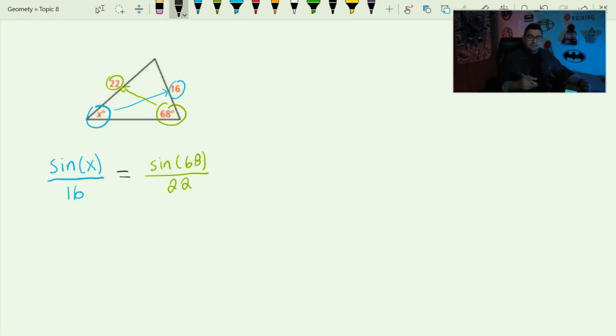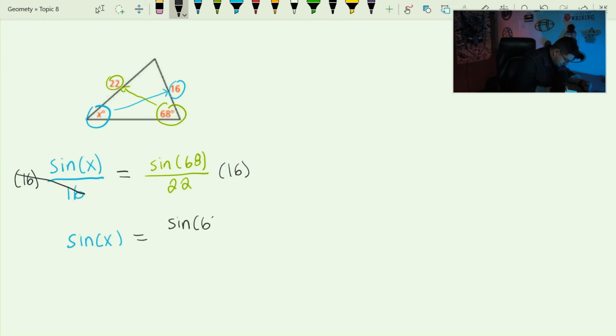And now we're just going to go ahead and try to get our x by itself. So we're going to multiply by 16 on both sides. Cancel out here. I'm left with the sine of x is equal to the sine of 68 divided by 22, and now we have it times 16.